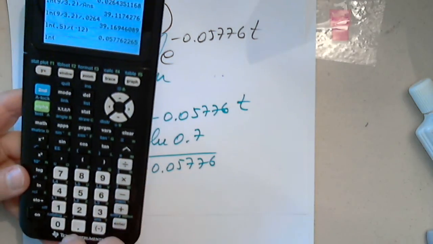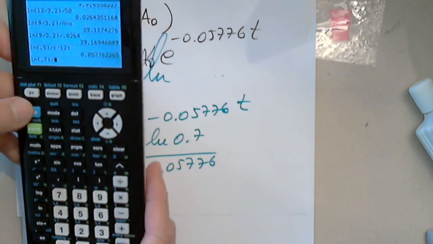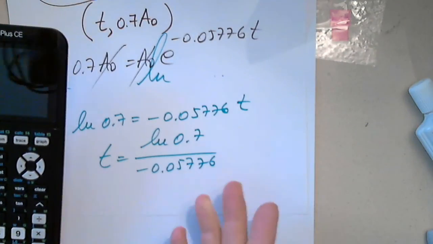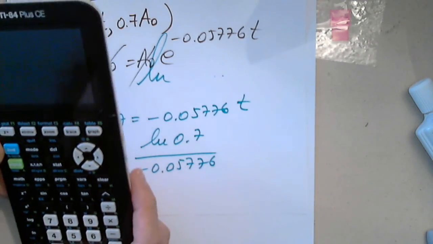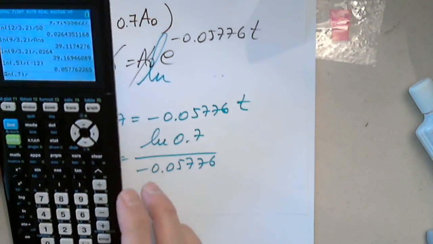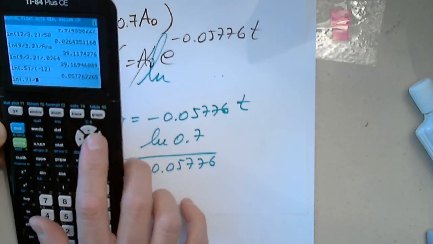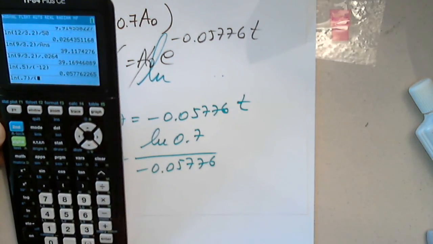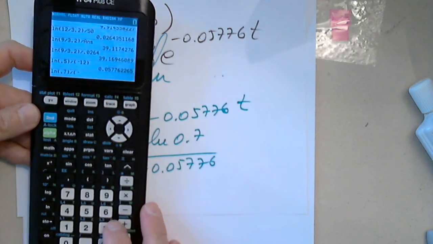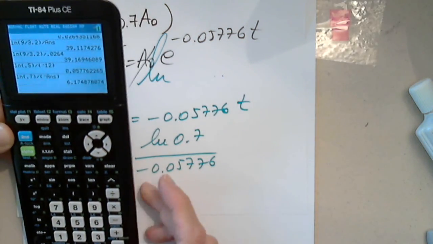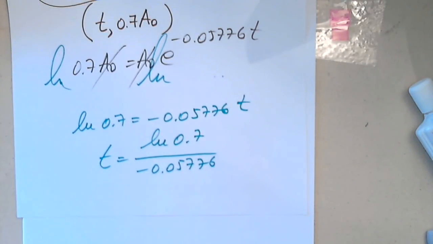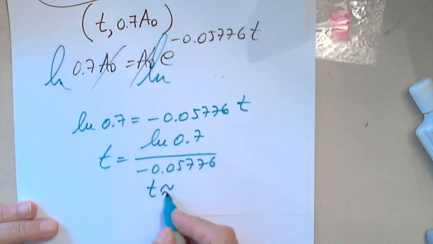So natural log of 0.7 divided by the previous answer. I want to put in parentheses minus the previous answer. 6.17. What does 6.17 represent?